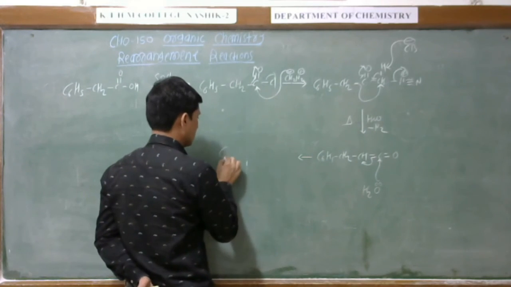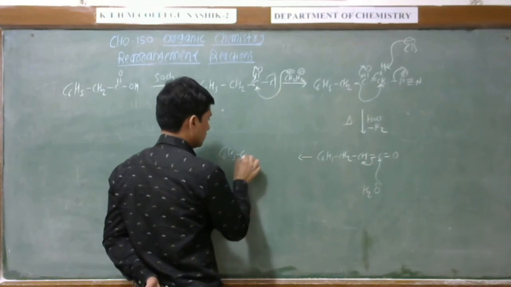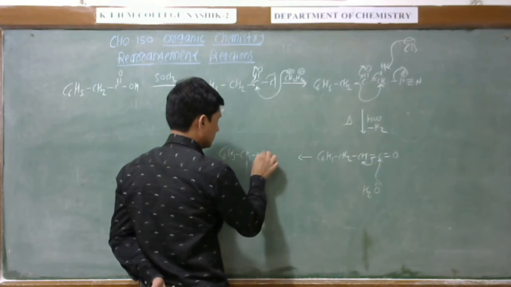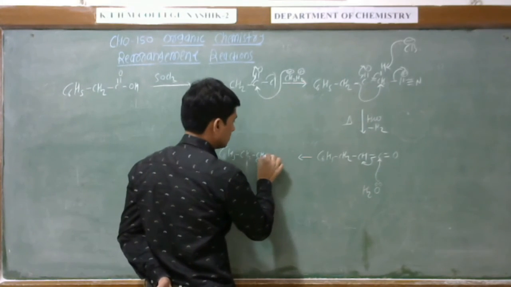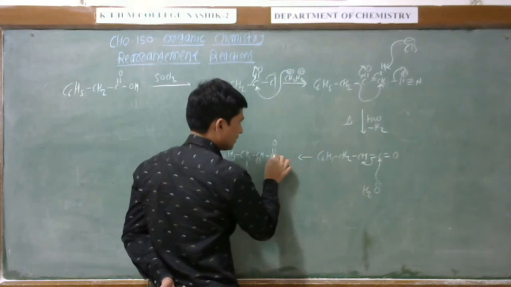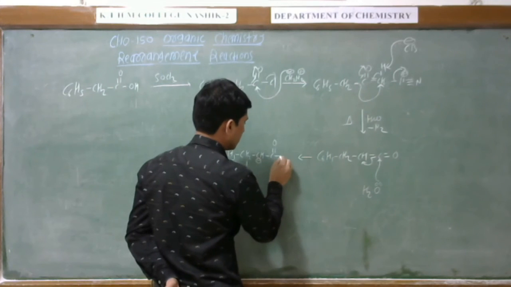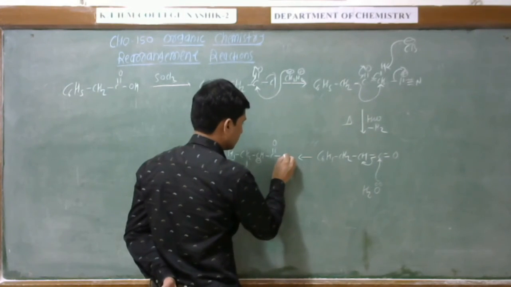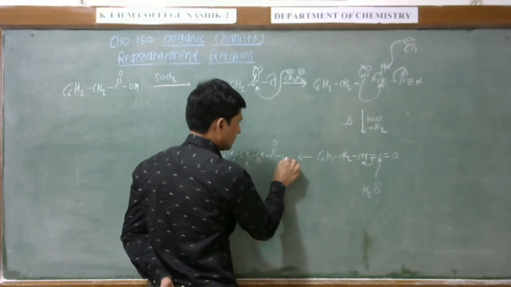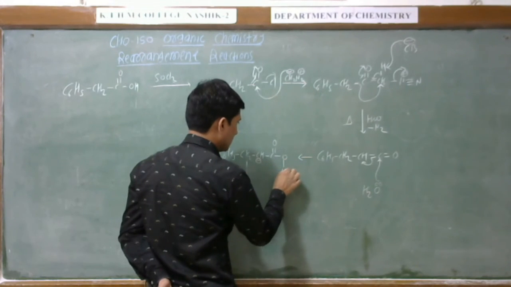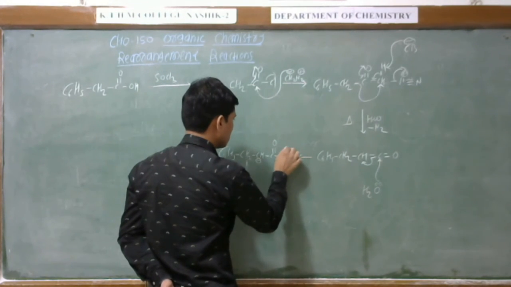So we get C6H5CH2, this is the C minus here, this is C double bond O, and this carbon now attaches to the oxygen with one hydrogen and another hydrogen.